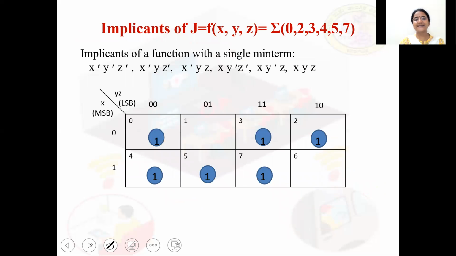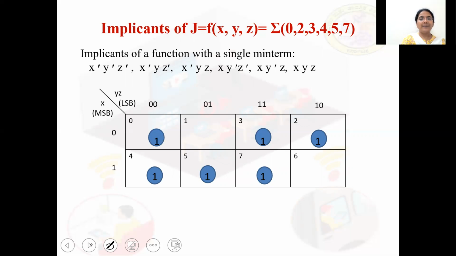Now we will see one example of how to write the implicants, prime implicants and essential prime implicants of a function. In exams, they may ask you to write these for a function. At that time you have to write all the implicants, with a single minterm, and by grouping 2 cells, 4 cells, 8 cells, like that.